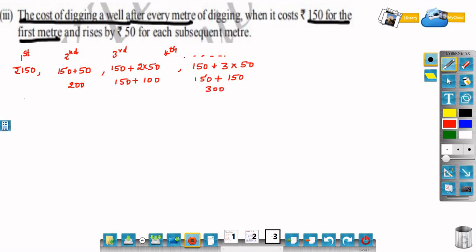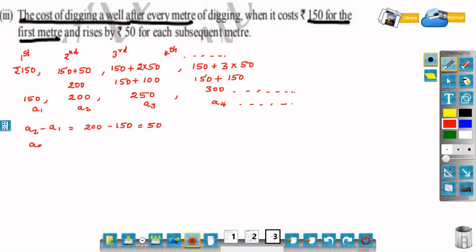Now list of numbers are 150, 200, 250, 300 and it goes on. Now let us check whether this is an AP or not. Take this as A1, A2, A3, A4 and it goes on. Now find the difference of second and first, A2 minus A1, that is 200 minus 150, that is 50.